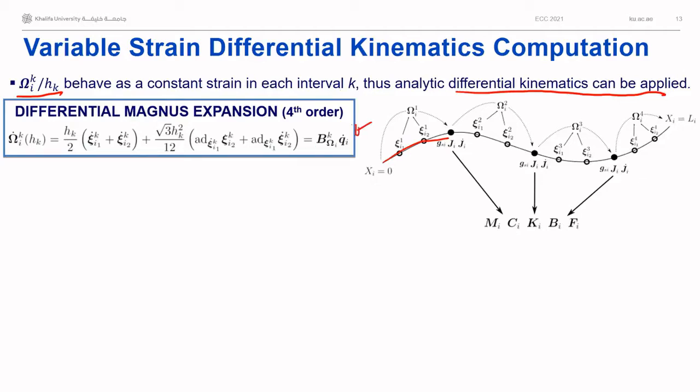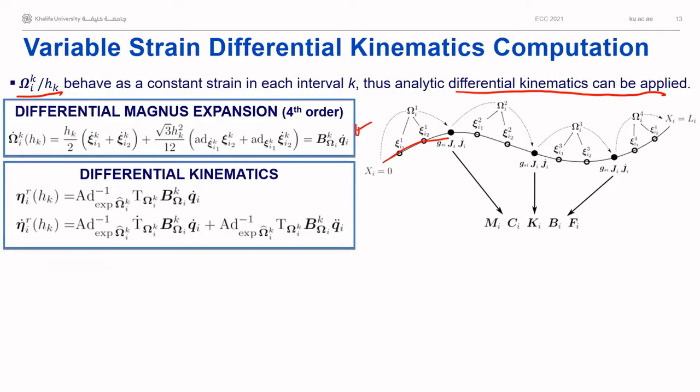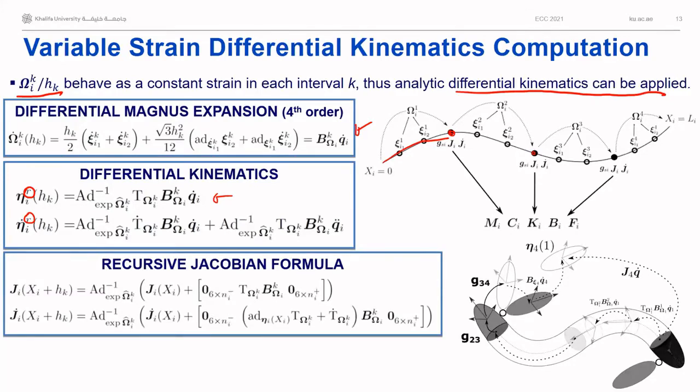Here, for example, is a fourth-order one. And then we can apply the constant strain formula at each of those intervals, where now this relative velocity and relative acceleration are with respect to the preceding Gaussian quadrature point. And this allows us to obtain a recursive formula for the Jacobian, again, climbing up the chain, and also its time derivative.